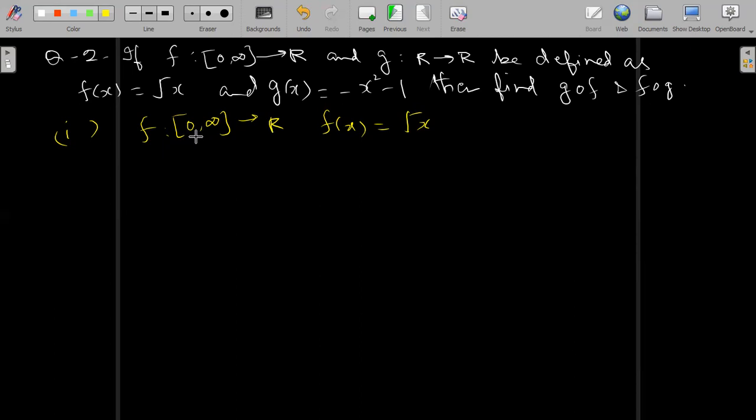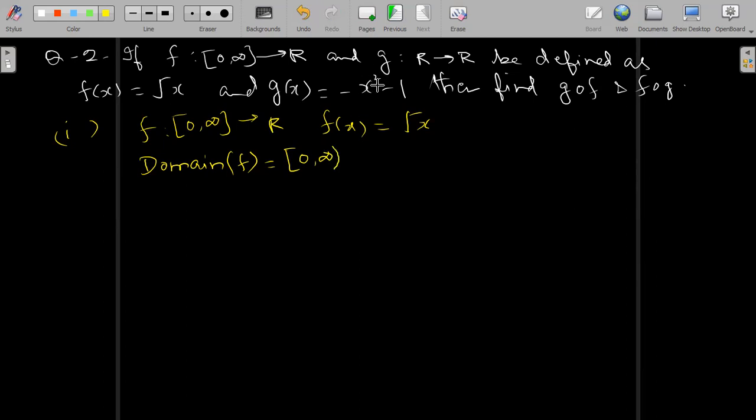So obviously this set A is the domain. Only the range we have to take. So the domain of f is 0 to infinity, both included, and do not include infinity.